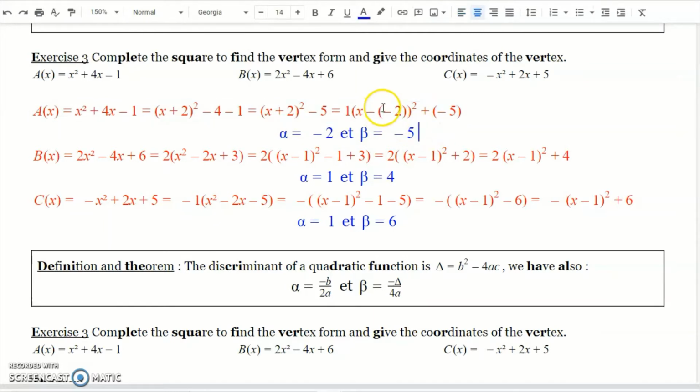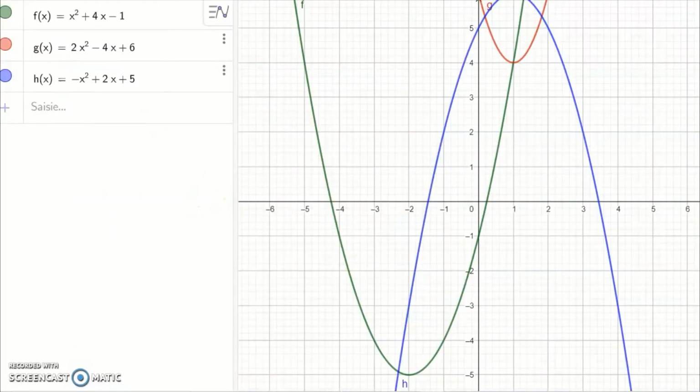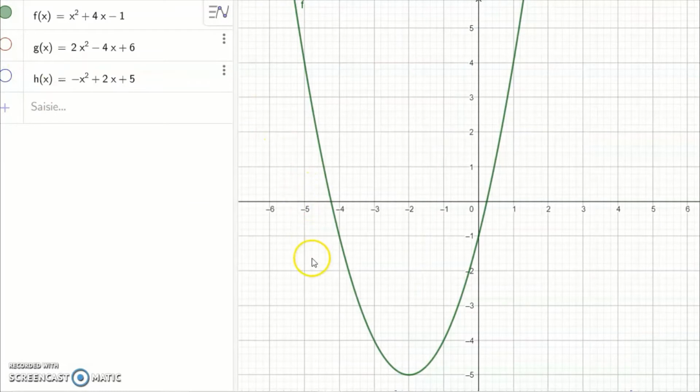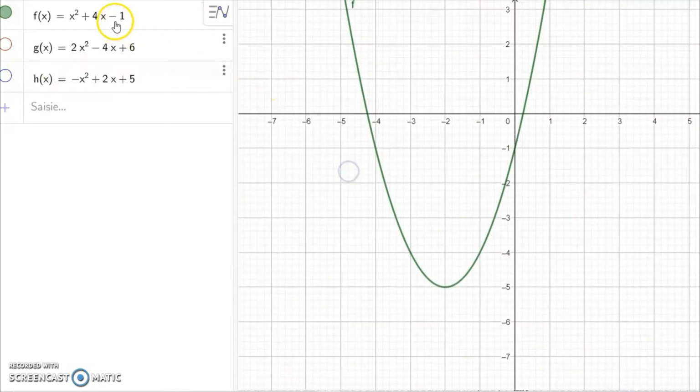And so alpha is -2 and beta is -5. We can check this on the graph. This is the parabola corresponding to f(x) = x squared plus 4x minus 1, and we can see the vertex here: x is -2, y is -5.